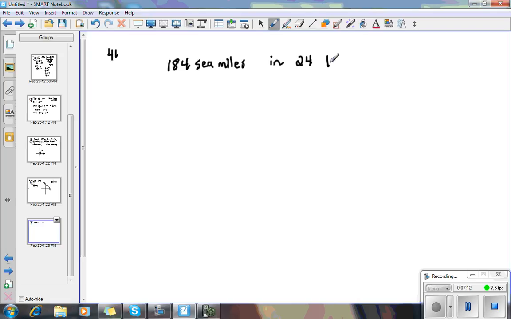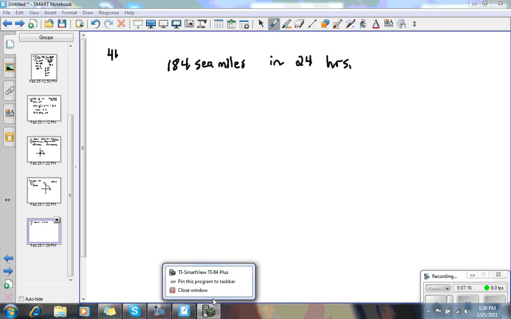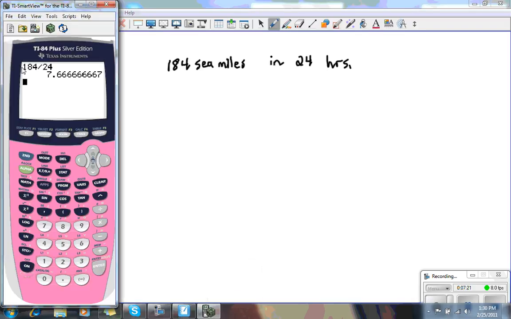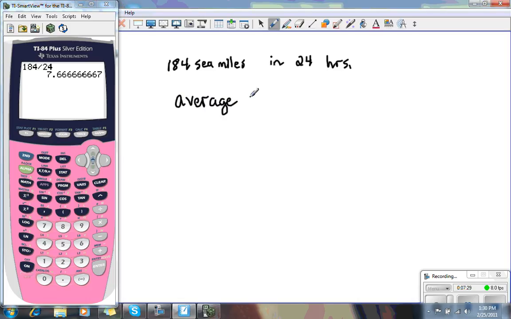If we were to take a look at the average speed over that 24 hours, if you take 184 sea miles, divide by 24 hours, you get an average of 7.667 or 7 2/3 sea miles per hour, which we're also told is knots.